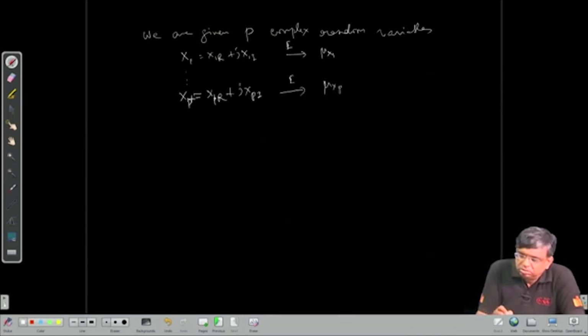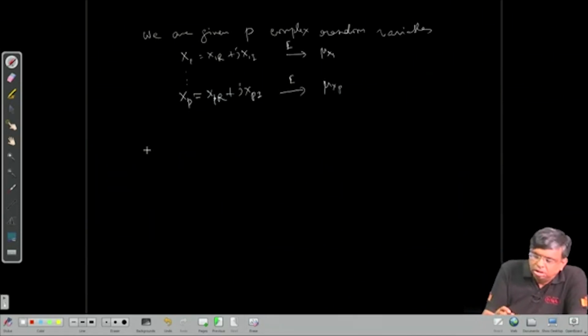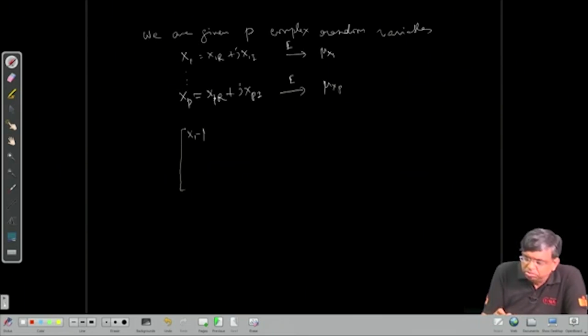Fine. So, as before, I form this increment vector x1 minus mu x1, dot dot dot xp minus mu xp.